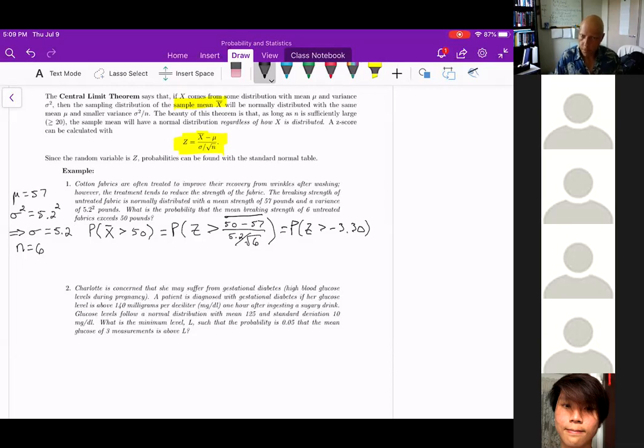Now, just as a warm-up, since we did lots of z-score probabilities last class, make sure you have your table and try to find what this probability is. Right? And I will give you a minute to refresh and try to do that.